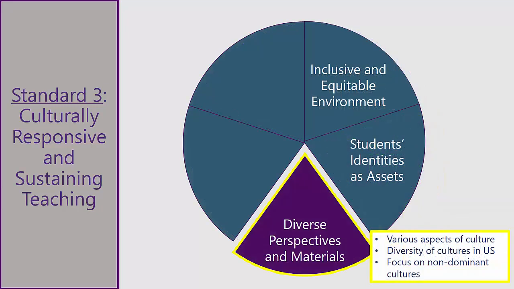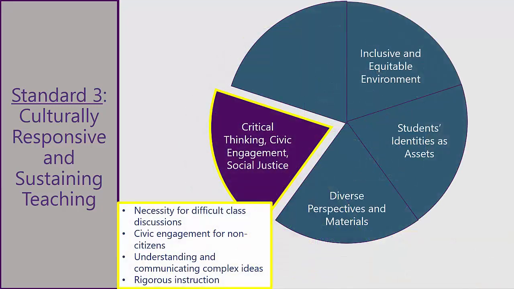They also benefit from learning about the cultures of their classmates and about diverse perspectives and materials on various aspects of culture, including the diverse cultures in the U.S., not just the dominant ones. And also to think critically about them.